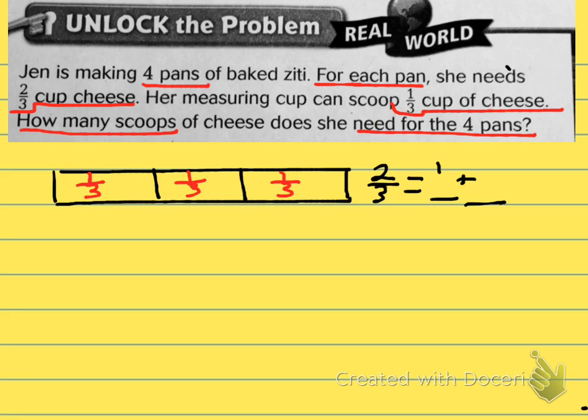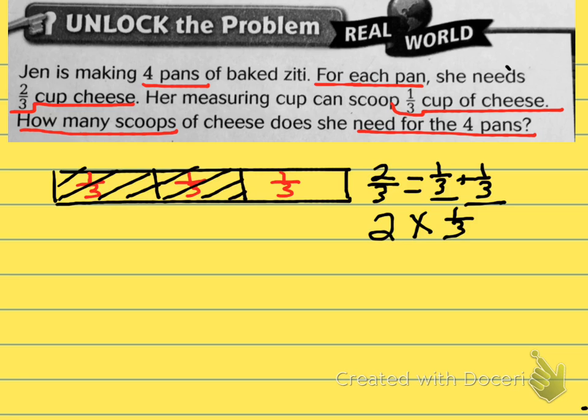You're right. 1/3 plus 1/3. I can think of that as 2 times, you're right, 1/3. So this would be the amount of my pan. That would be with the cheese.